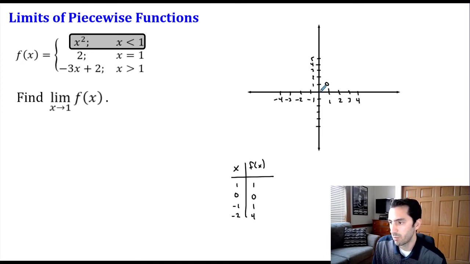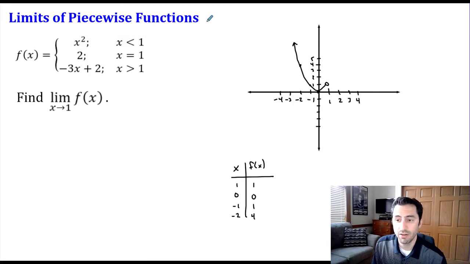So then we have a point at 0, and we're filling out our parabola here. All right, so everything less than 1, everything all the way from negative infinity up until this point where we reach this open circle, is represented by this piece of the parabola. So that takes care of our first piece of our function.